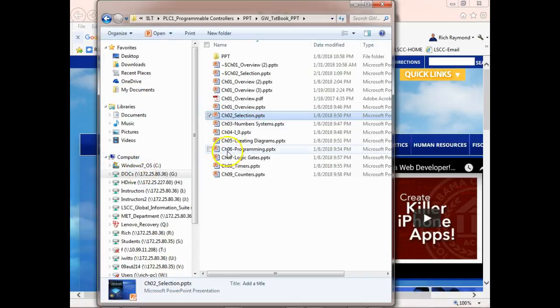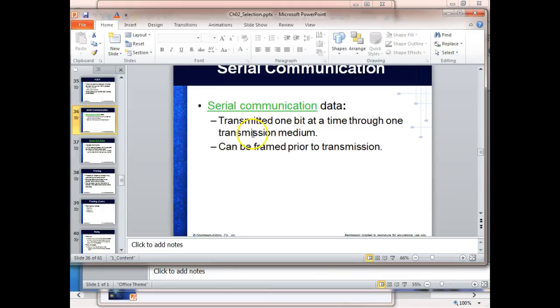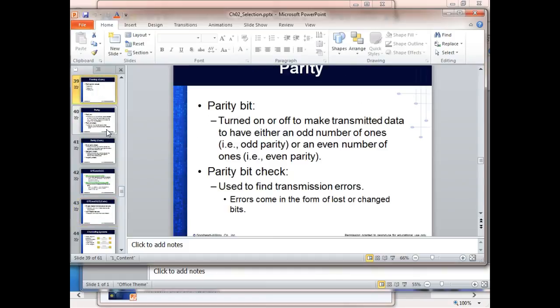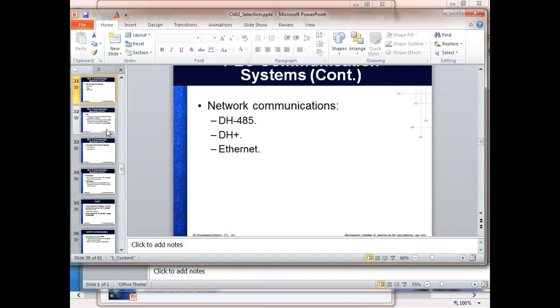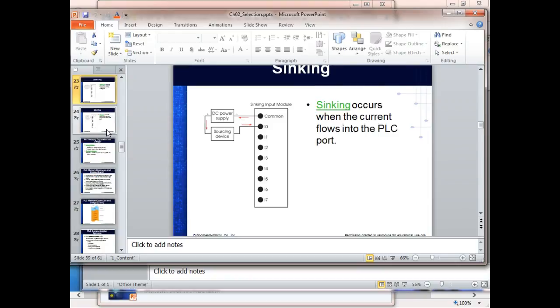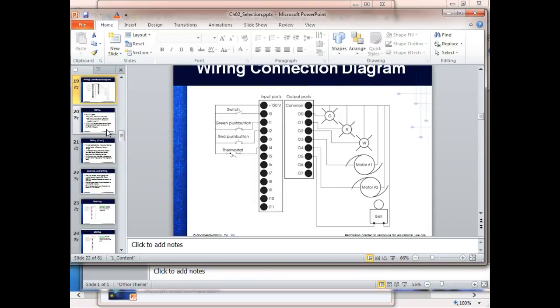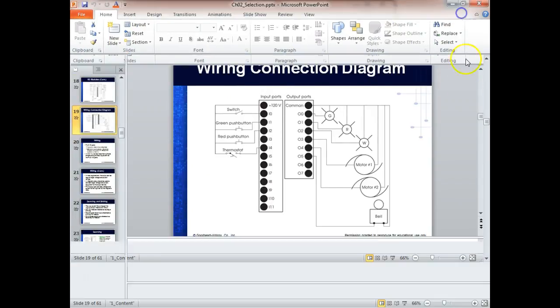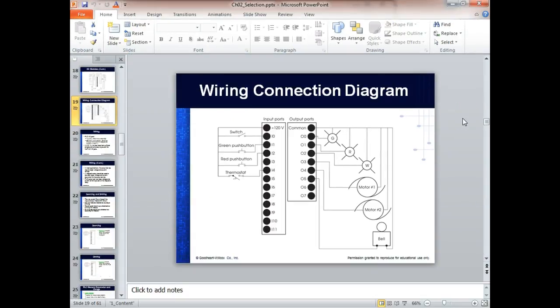Yeah, so inside the PLC, the PLC program's got its own symbols. But when I come up here and hook up an input port, that's the one I had up there. Then when we draw the connection of the ports, we use the industry standard symbols for those devices.